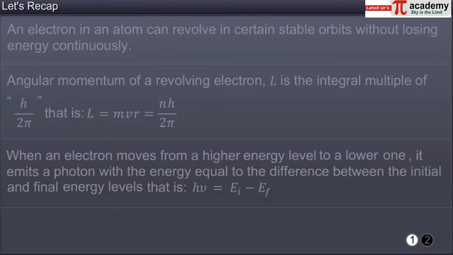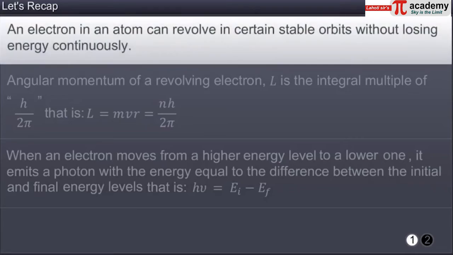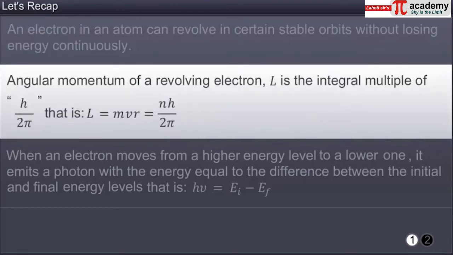In this module, you learned that an electron in an atom can revolve in certain stable orbits without losing energy continuously. Angular momentum of a revolving electron, L, is the integral multiple of h by 2 pi.